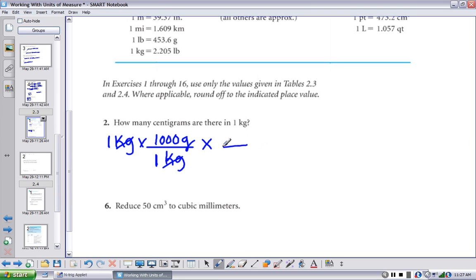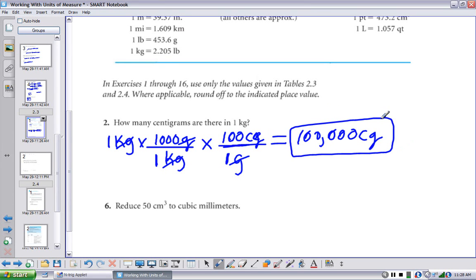And then centigrams. We know that there are 100, because centi is 100, 100 centigrams in 1 gram. So we can multiply 100 times 1,000 is 100,000 centigrams. And of course, in the denominator, we just have ones. 1 times 1 is 1.